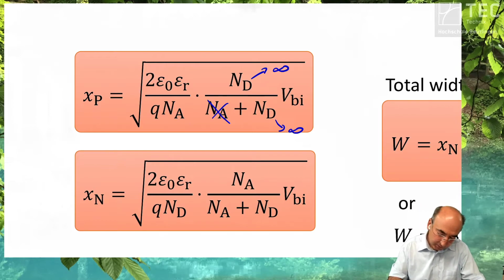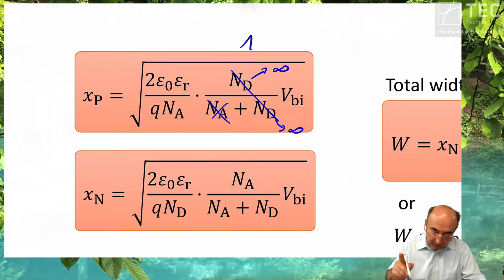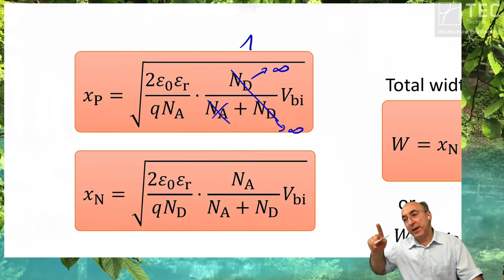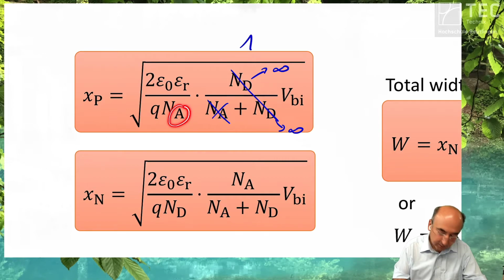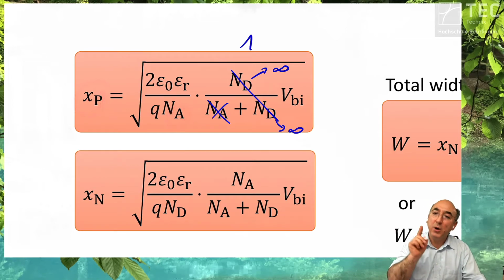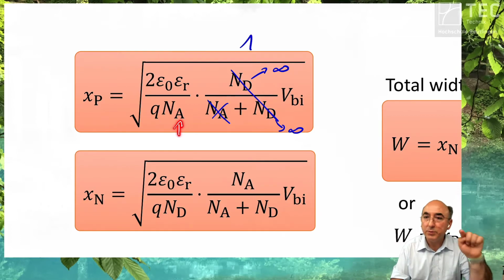And then this one turns out to be 1. So if the N-type region is doped heavily, we have just a penetration into the P-type only dependent on its own doping level.